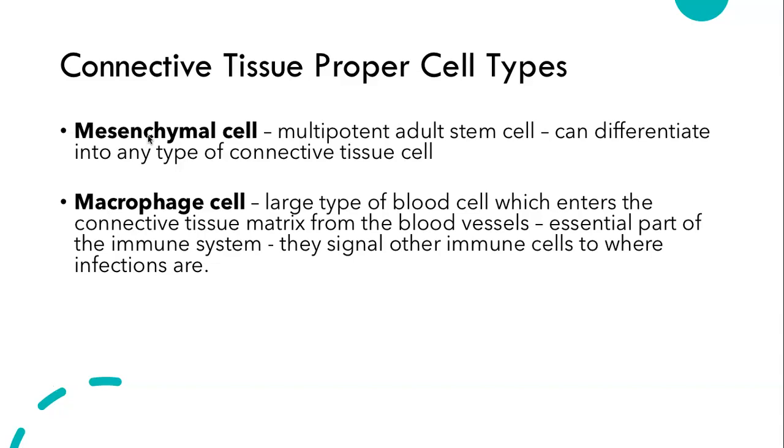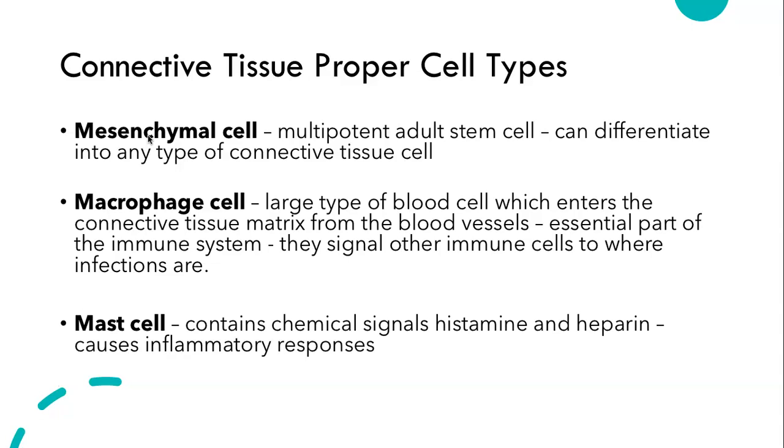It's an essential part of the immune system because it can signal other immune cells to where infections are. And then we have, lastly, a mast cell. Mast cells contain chemical signals that you might have heard of before called histamine and heparin. These cause inflammatory responses like itching and redness and swelling, things that you might be aware of if you've ever had some sort of immunological response or allergic reaction.